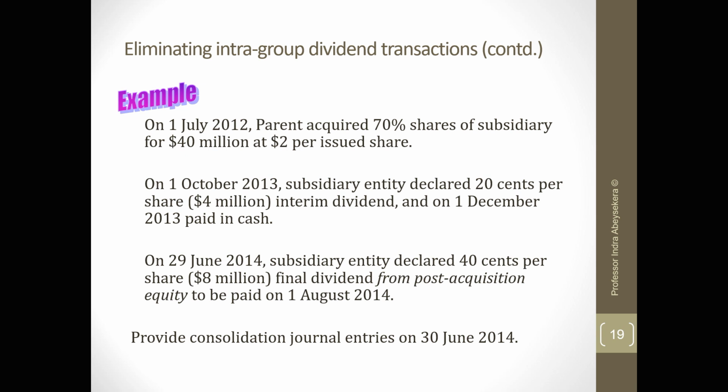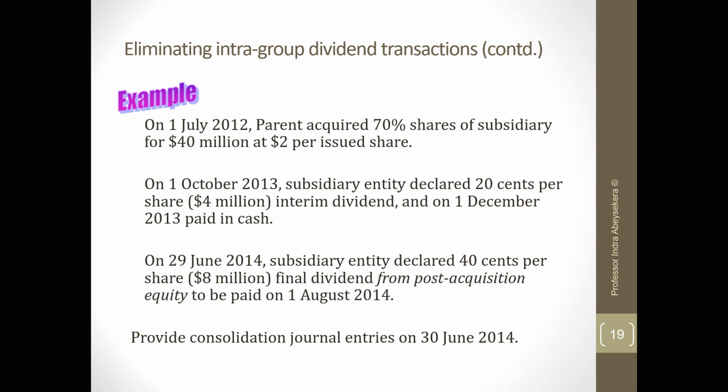So it is this journal entry we need to eliminate. When we are eliminating, we debit dividend revenue 2.8 and credit interim dividend 2.8. For the final dividend, debit dividend revenue 5.6 and credit final dividend 5.6.